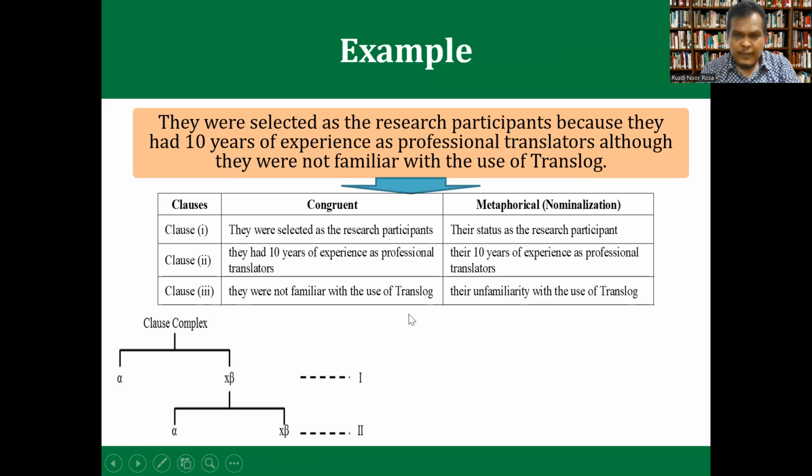Now, we focus on these phrases. After we change the clauses into phrases, we arrange the phrases into a complete sentence by considering the logical relation among the phrases or among the elements of the clause complex.